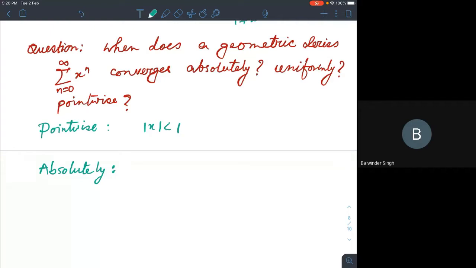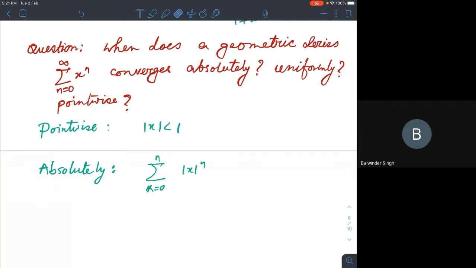In this case, this is very simple. To show this converges pointwise, it's actually the same as showing absolute convergence, which is the real geometric series, right? So absolute means summation of mod x to the power k, with k equal to 0 to n.